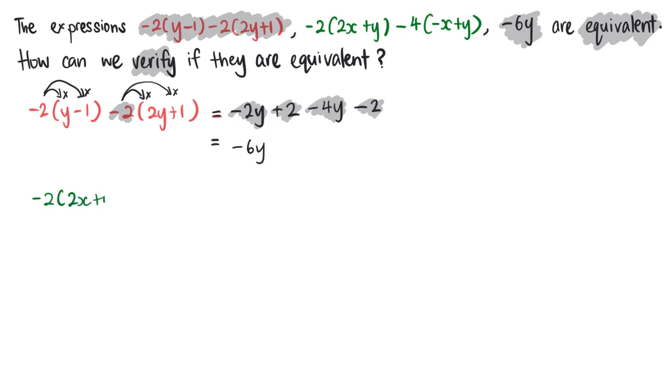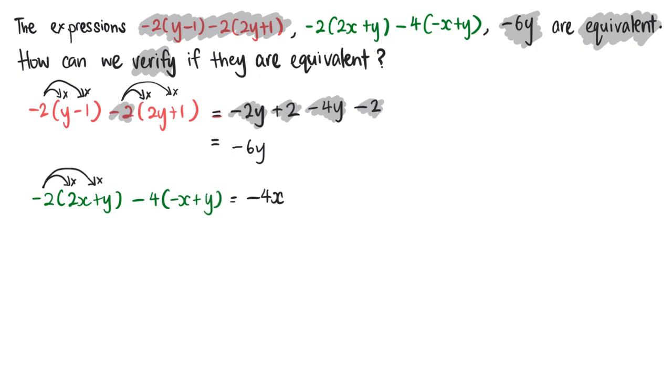Let's try the green color expression now, where we have negative 2(2x + y) minus 4(-x + y). Let's see what this will give us, okay? Expand and simplify. Expand first. Negative 2 times positive 2x will give me negative 4x.